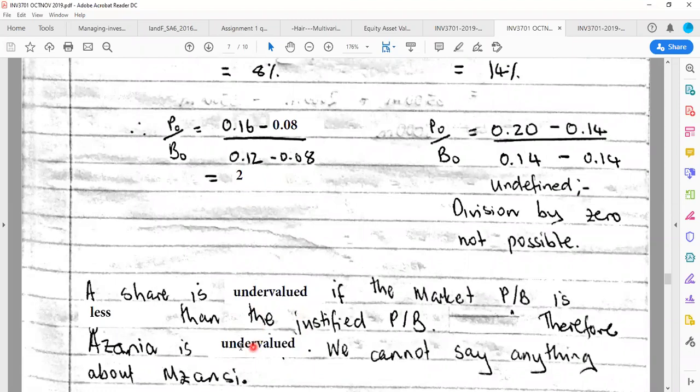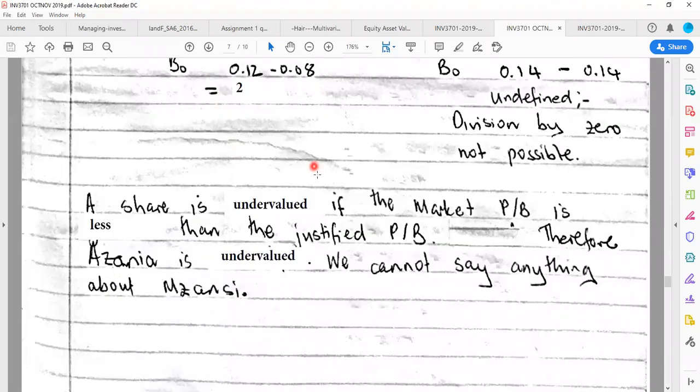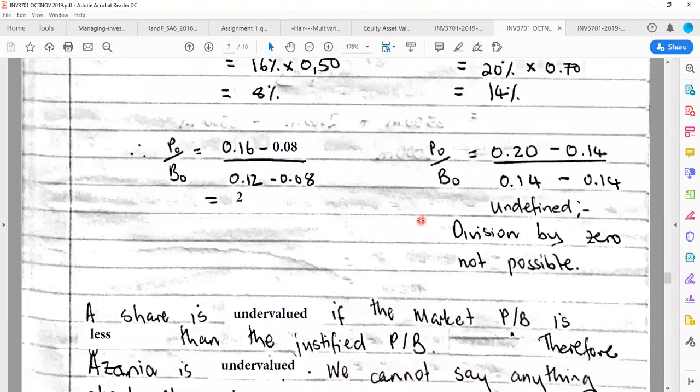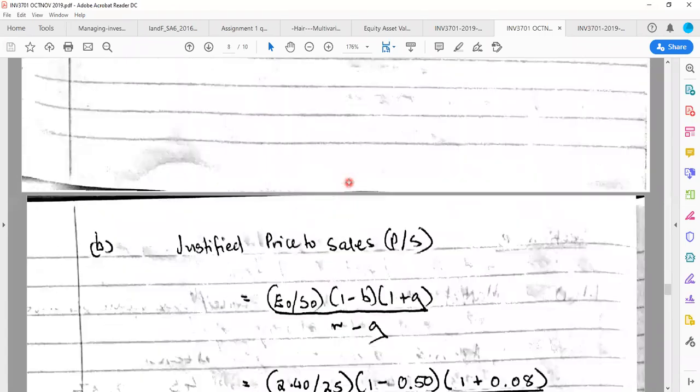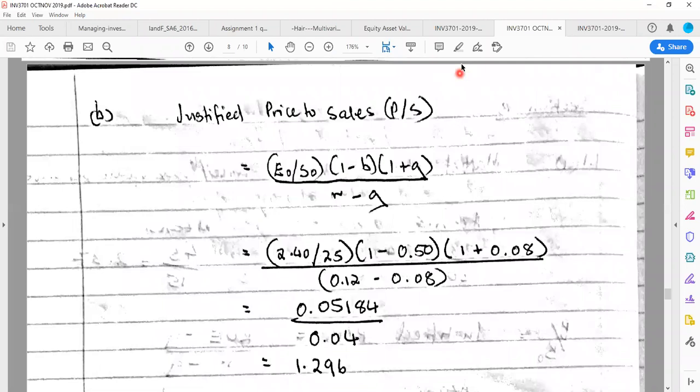So we say that that share is undervalued. Therefore, Azania is undervalued. We would buy Azania if we were asked whether we would buy or sell it. And we cannot say anything about Mzansi because the price to book based on forecasted fundamentals, justified, is undefined. Okay, so that was part A.